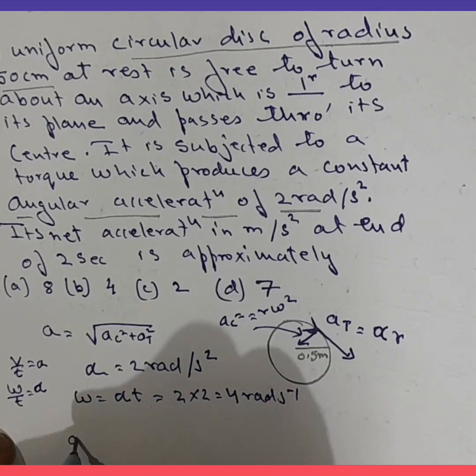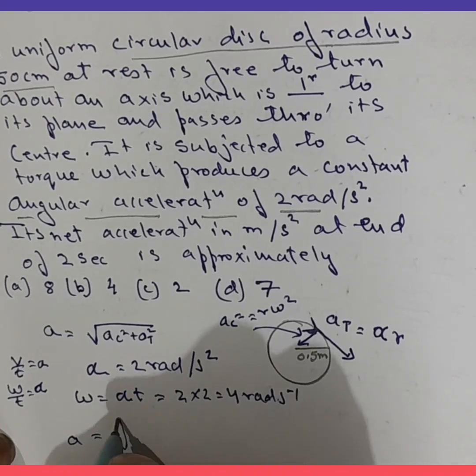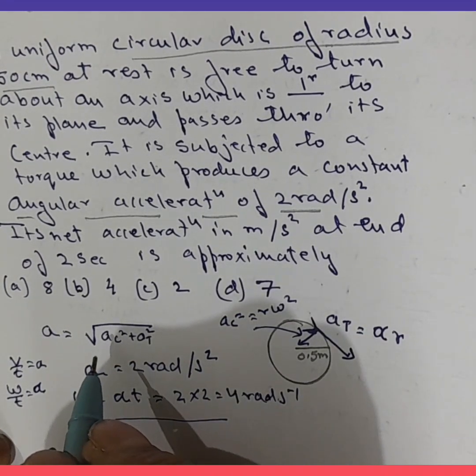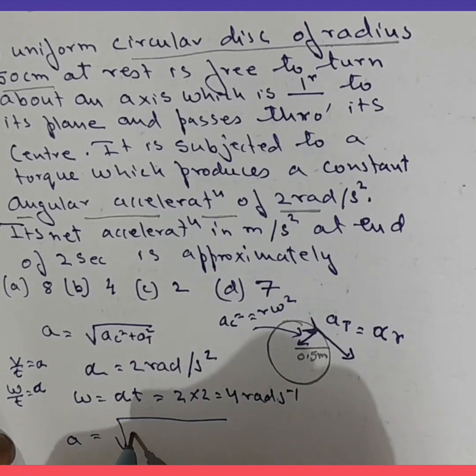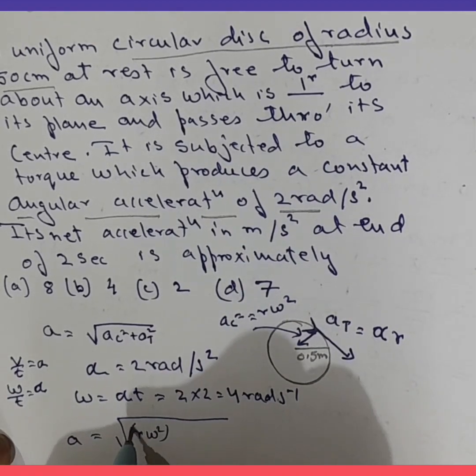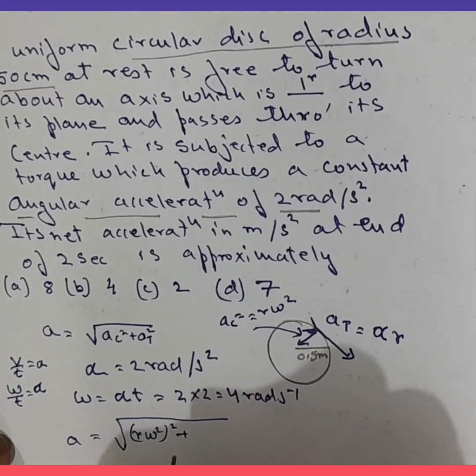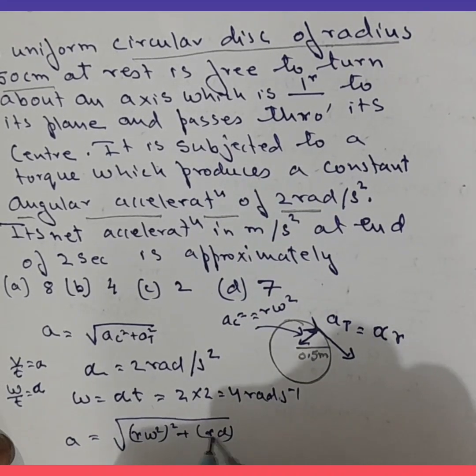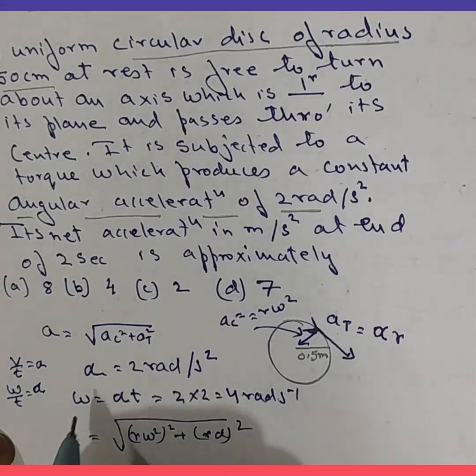Our formula requires AC square, that is r omega square, plus r alpha square. All right, so we got this.